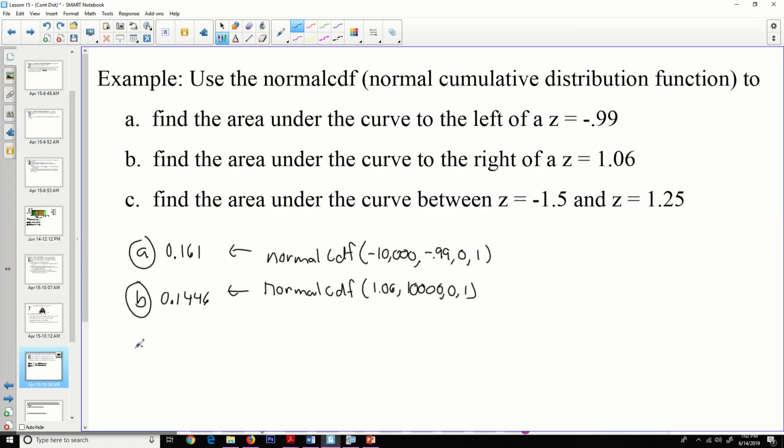So C is 0.8275. And for that one, it was normalCDF negative 1.5, comma, 1.25, comma, 0, comma, 1.